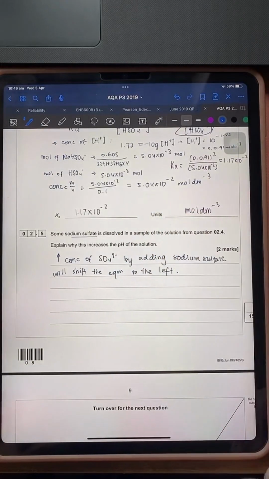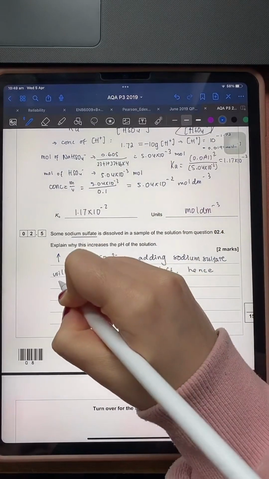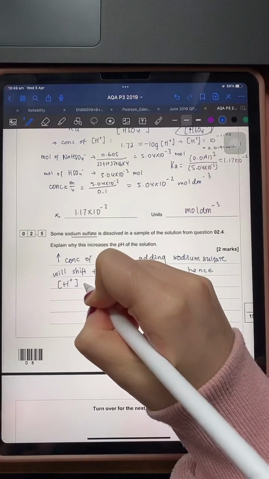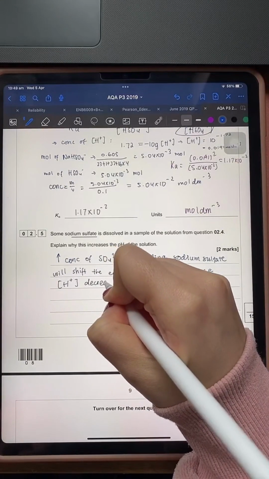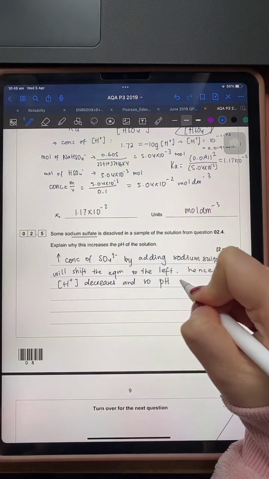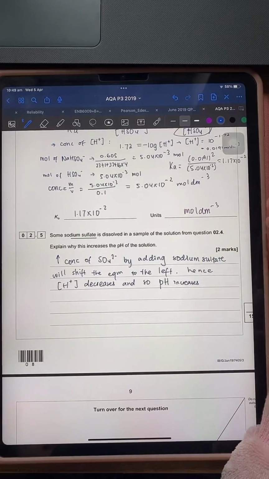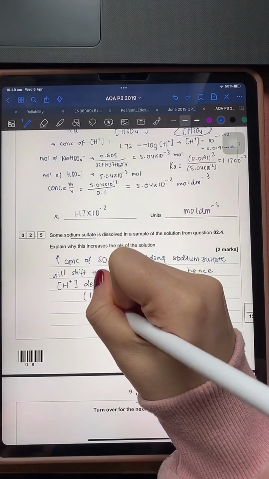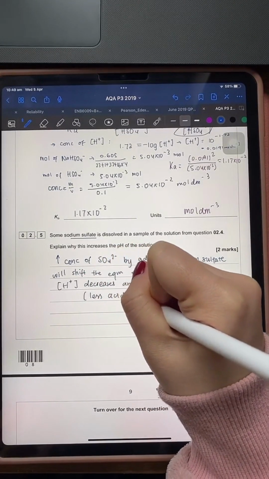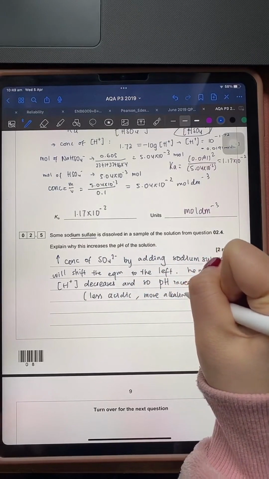Hence, H plus concentration decreases. And so pH increases, meaning it's less acidic, more alkaline. The more hydrogen you have, the more acidic it will be.